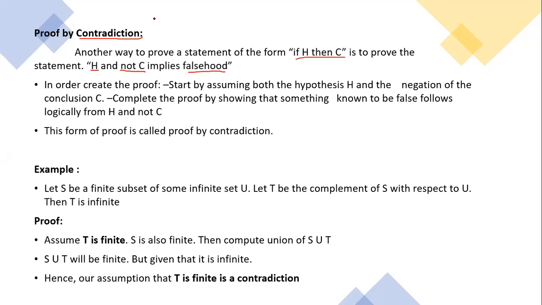If H and not C only. In the case of the contrapositive, we are stating the theorem in the opposite way, but it means the given statement. Here we are just taking the wrong way, and wrong way means falsehood. I want the output also to be wrong, then only I can prove that the given statement is true.